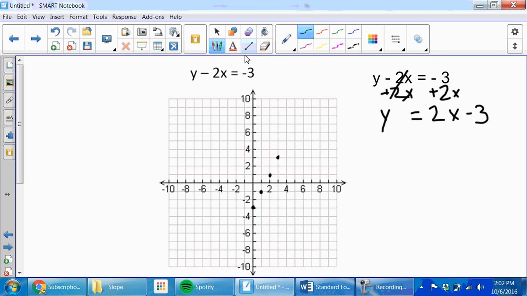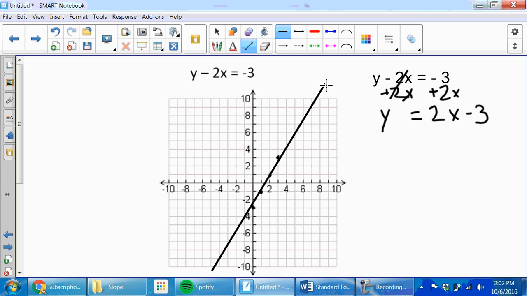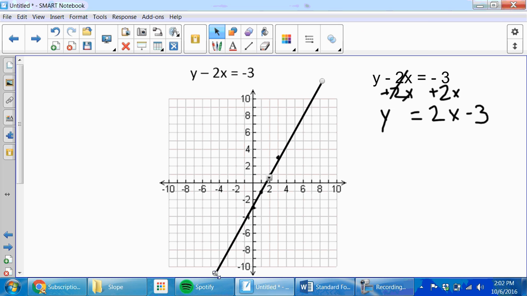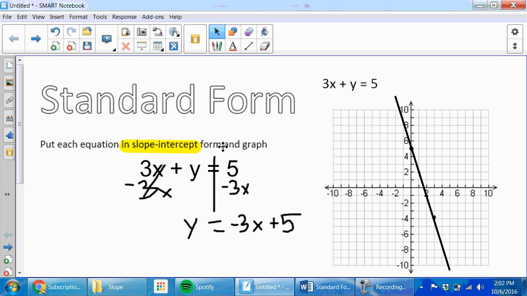Make my line. That looks a little bit better. There's my graph. Okay, so I've now followed the directions from the first one here. It says put each equation to slope-intercept form and graph.